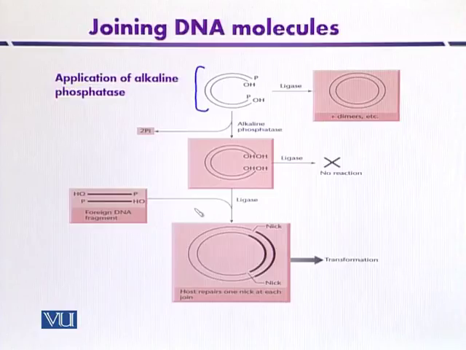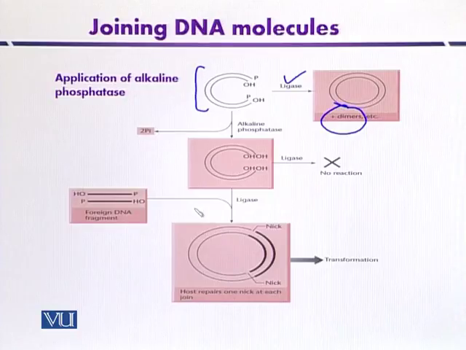So at this stage there is possibility that it can self-ligate or it can ligate with neighboring vector molecules. So in the presence of ligase, dimer formation is there. Dimer means two plasmid molecules that have been digested can ligate together, so a dimer formation is there without the insertion of the foreign DNA.